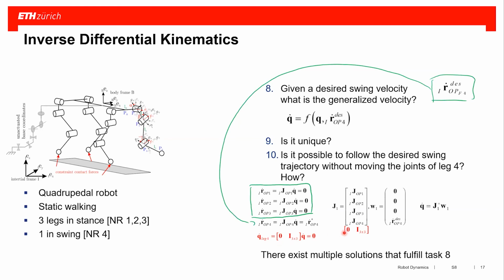I inject this as an additional constraint in here, and then I do my inverse differential kinematics. So I have to also have a 0 here. And even then we have a redundant problem, because even if I look at this now, I have 5 times 3 equal to 15 row dimensions, and I have 18 columns. So the rank of this is 15-dimensional, but I could have 3 more degrees of freedom to be locked.